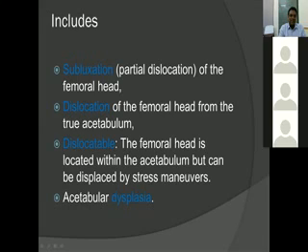So this is acetabular dysplasia. Dysplasia means abnormal growth or insufficient growth. So developmental dysplasia includes all these terminologies. It's a spectrum of disorder which includes subluxation of the joint or dislocation of the joint, or a normal joint which can be dislocatable, and there will be abnormal development of the acetabulum.